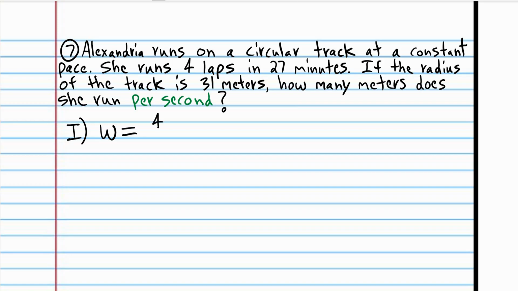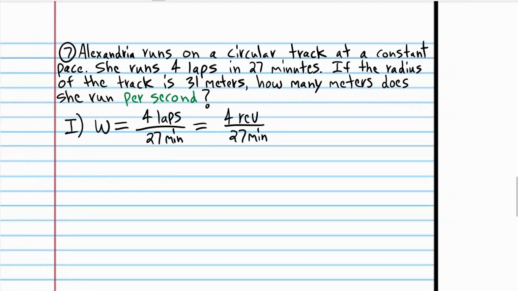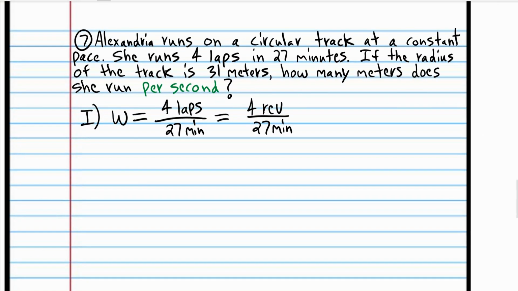So there's 4 laps in 27 minutes. That is the angular velocity. But let's change it into a unit that's more familiar to us. A lap is the same thing as a revolution. So now we have RPMs, revolutions per minute. 4/27th of a revolution per minute.